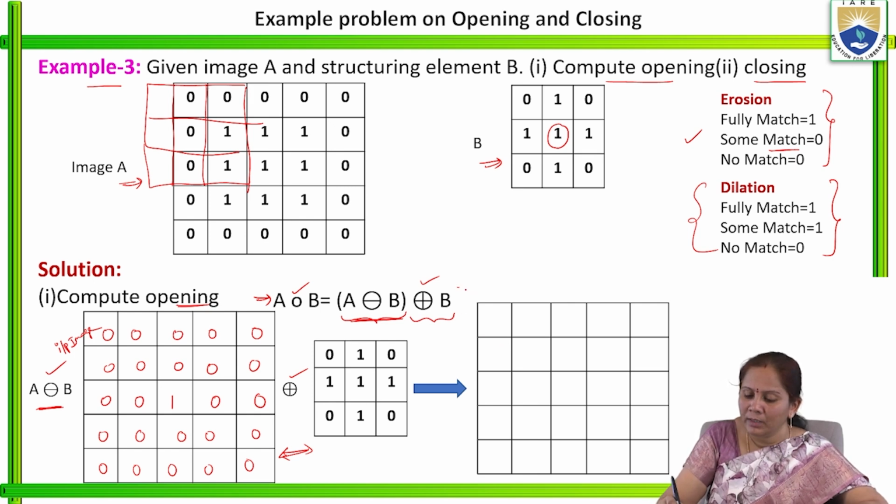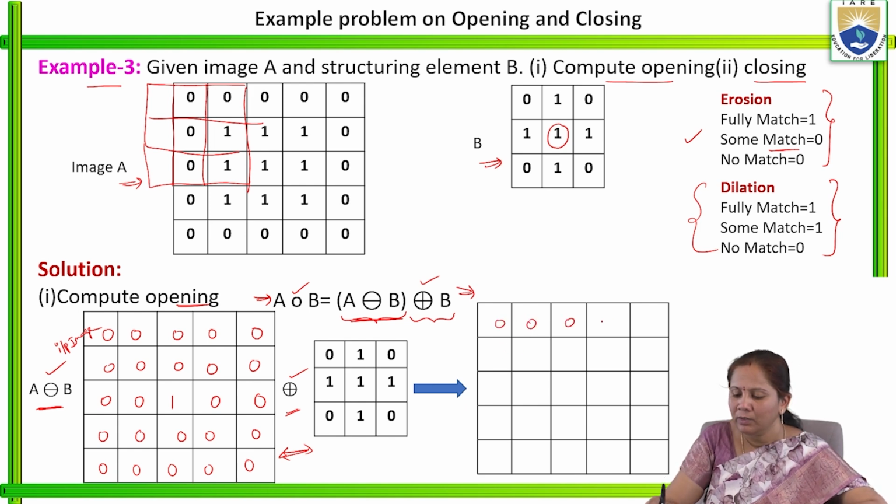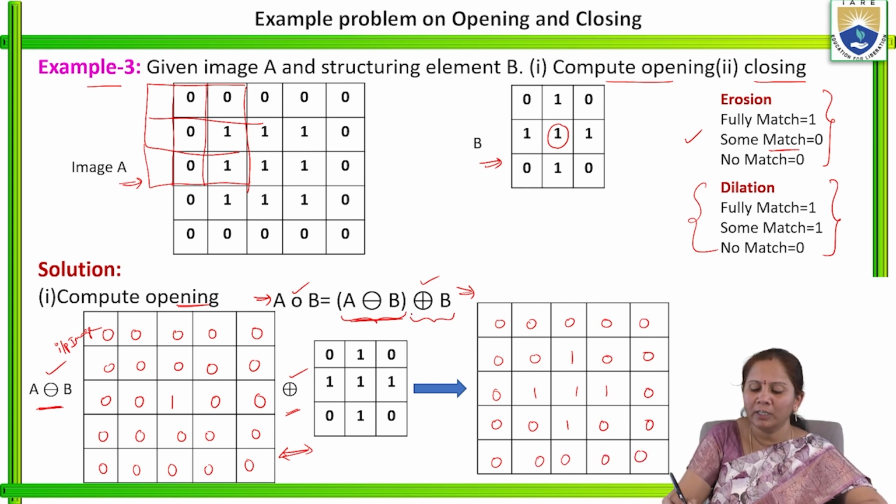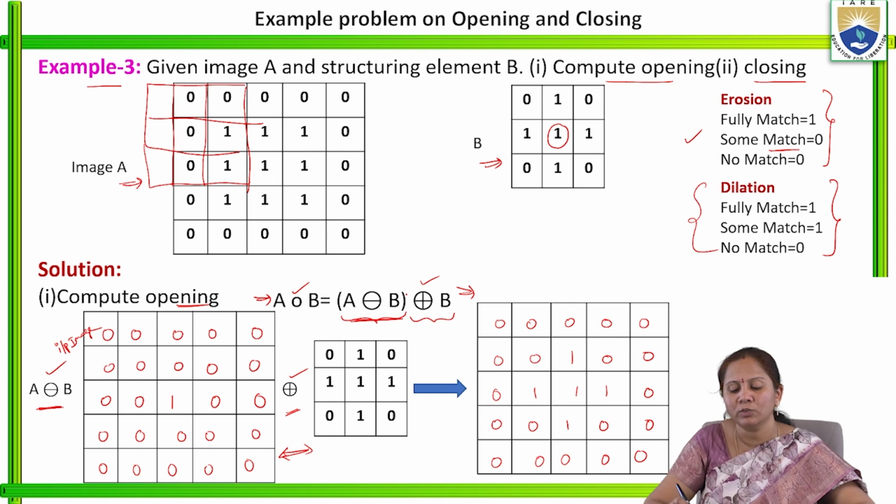Then according to this equation, after performing this operation, the elements in the matrix will become here all zeros, 0, 0, 1, 0, 0, 0, 1, 1, 1, 0, 0, 0, 1, 0, 0, and here all the elements are zeros. So opening operation means it is the combination of this erosion and dilation. So we can apply the same rules in order to perform the opening operation.